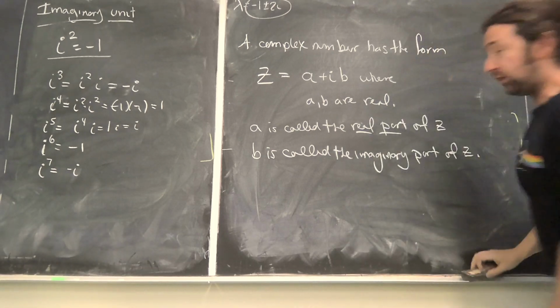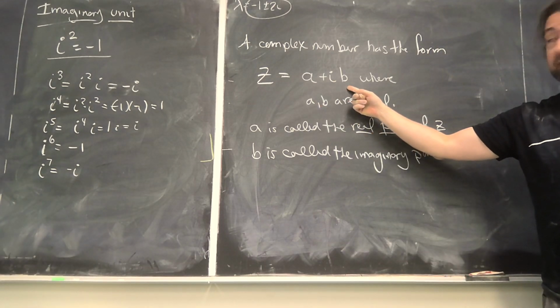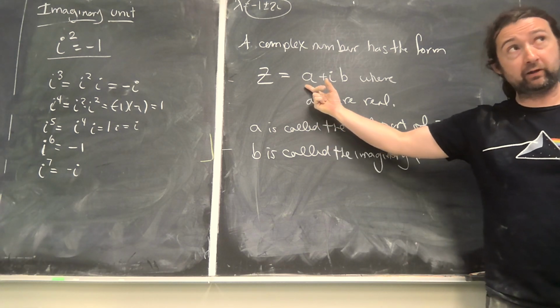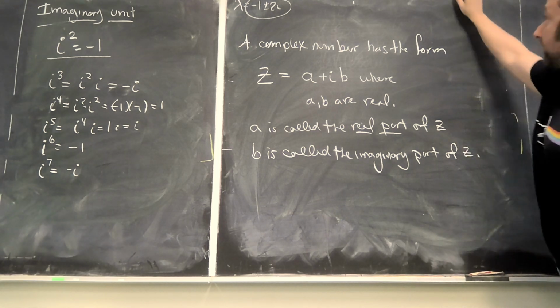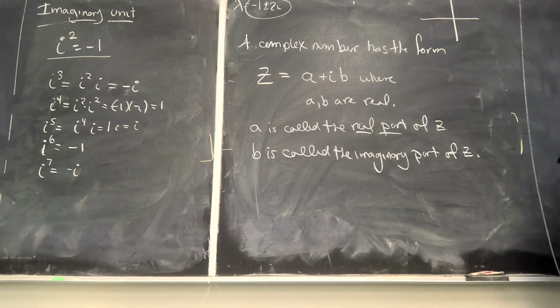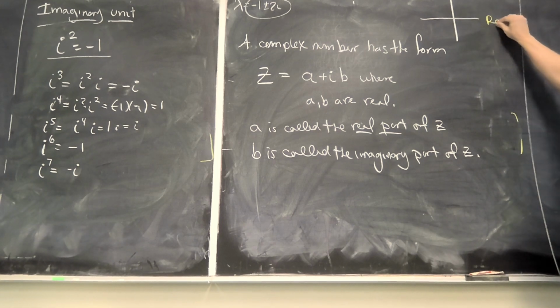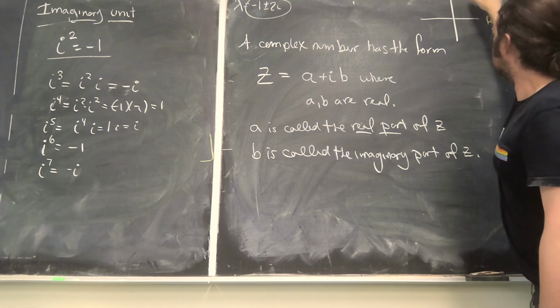So, if a complex number has a real part and an imaginary part, and it's going to turn out that the way that we add them is we add the real part to the real part and the imaginary part to the imaginary part, like terms, then we can think of complex numbers as basically sitting in a two-dimensional plane where the real part lives on the x-axis and the imaginary part lives on the y-axis.